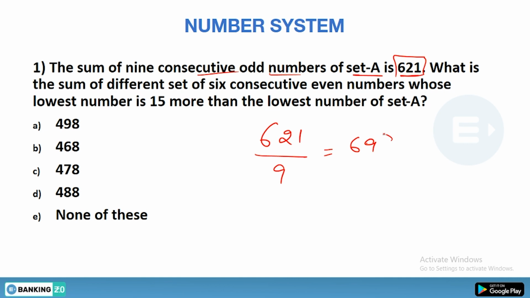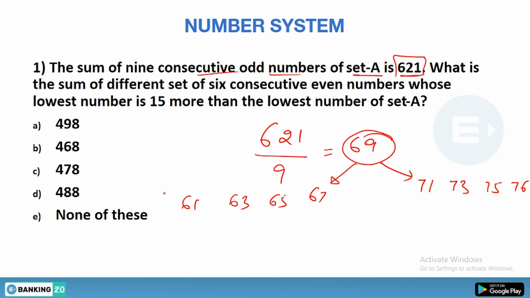This is the middle term, and the next 4 are ahead and the next 4 are backward. So it would be 71, 73, 75, 77, and 67, 65, 63, 61. These are the first 4 and these are the last 4, and the middle term is the average of all the consecutive odd numbers.